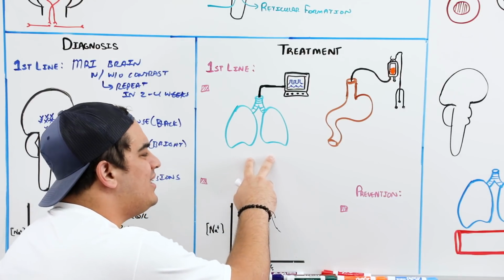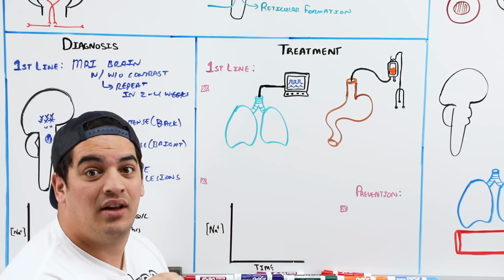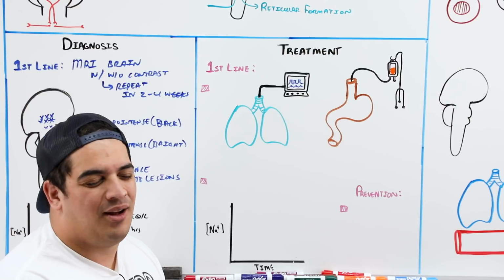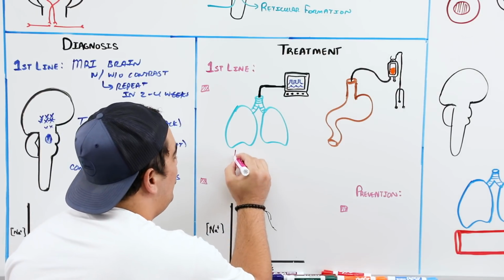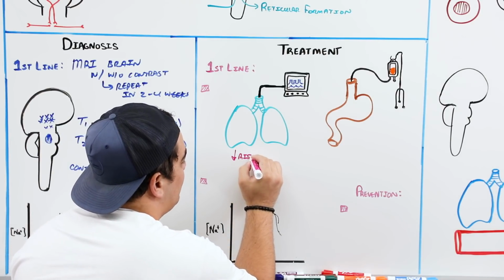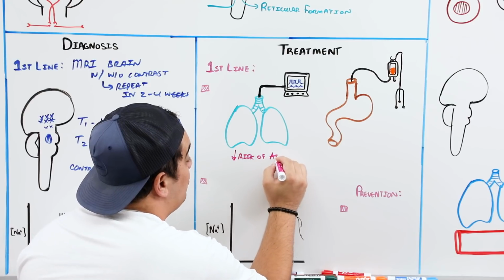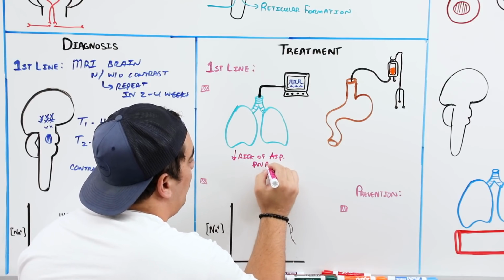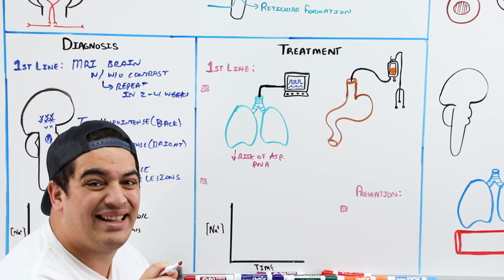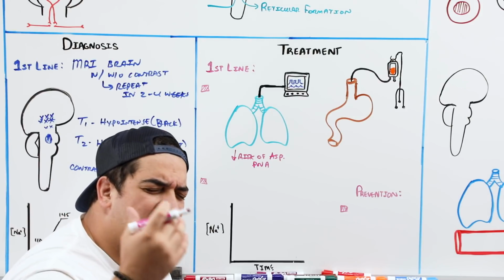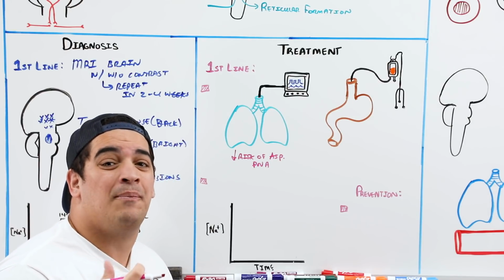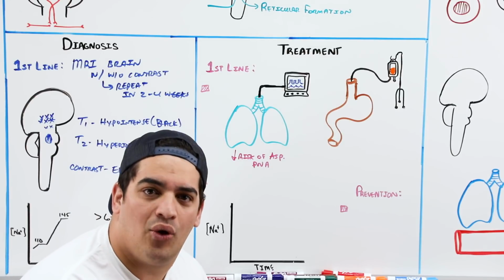Because these individuals have that high risk of aspirating, we want to reduce the risk of aspiration pneumonia. As well as, think about this, what was that one structure that we could potentially hit? The reticular formation, so there's a declining level of consciousness and potentially the ability to not protect their own airway.